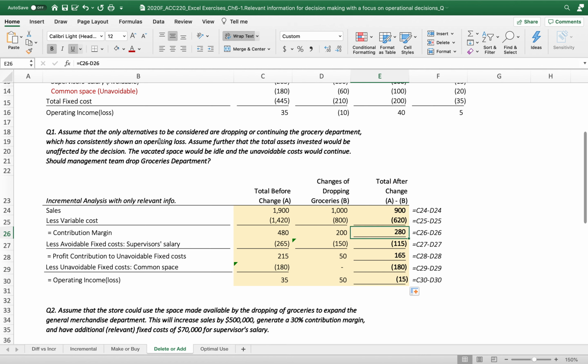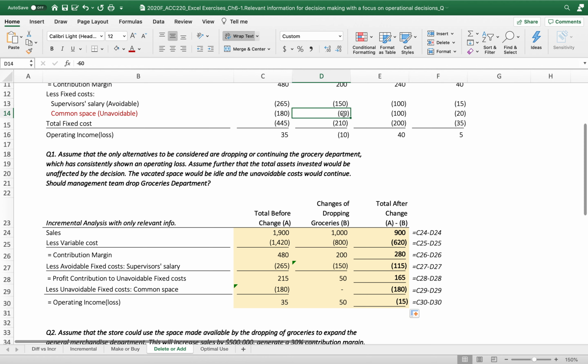So as you can see, the $15,000 is going to be reduced if we drop the grocery department, because this is $60,000.